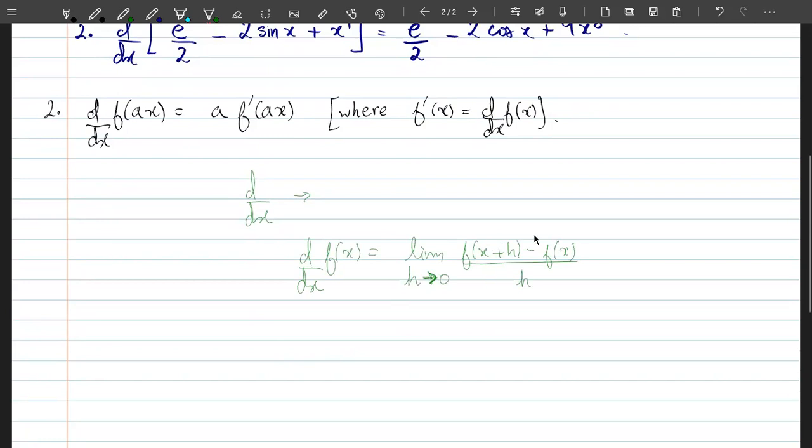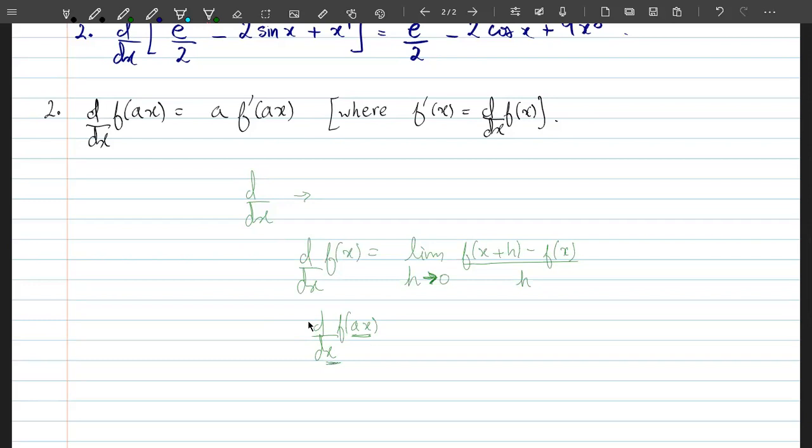But if you analyze this notation further, what would it mean to do differentiation of f of ax? Ax is not the variable here. You're differentiating f of ax with respect to x.